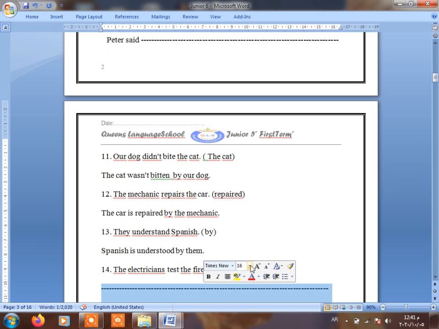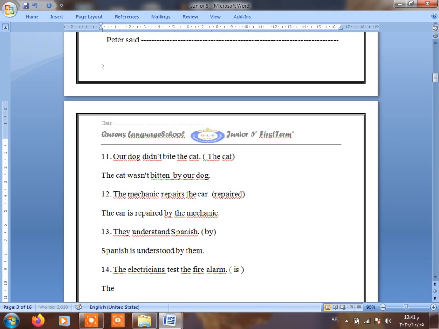Here the subject is the electricians, the verb is test, and the fire alarm is the object. So I will start with the fire alarm. The fire alarm is tested by the electricians.